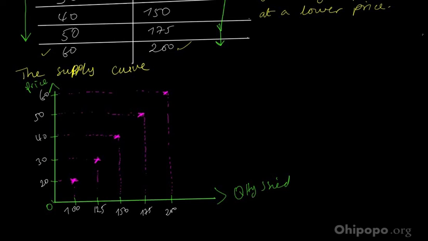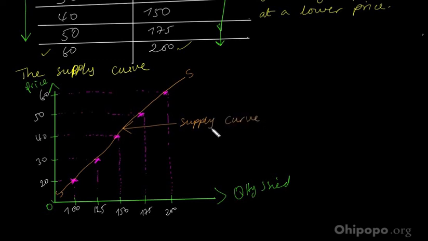Okay, now from there, what do we do? We link our curve. This is our supply curve now. It's not a straight line, please. It's a curve. Supply curve.